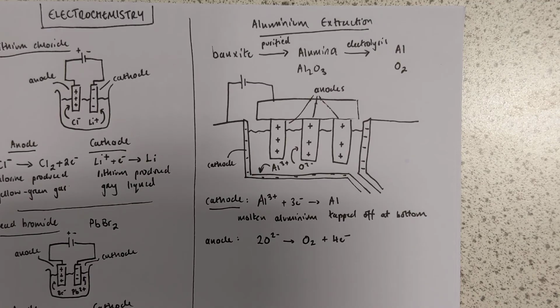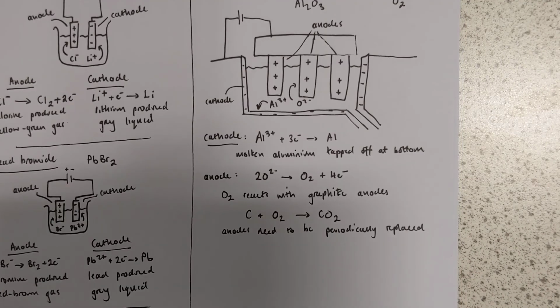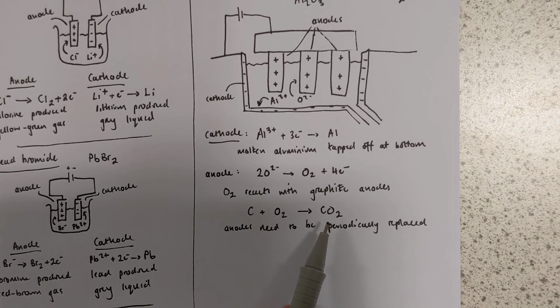So essentially, the anodes over time will wear away and turn into carbon dioxide gas. All that means is that they have to be replaced every so often with new anodes before they wear away completely. So the graphite anodes will react with oxygen to make CO2, which bubbles away as a gas, so the anodes need to be replaced periodically.